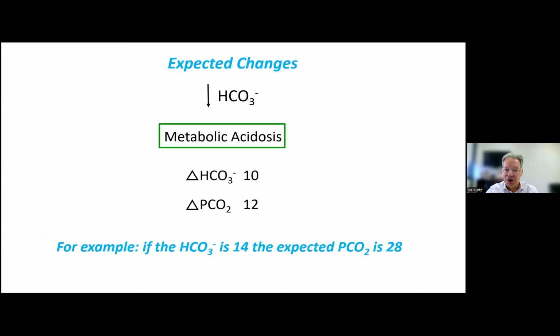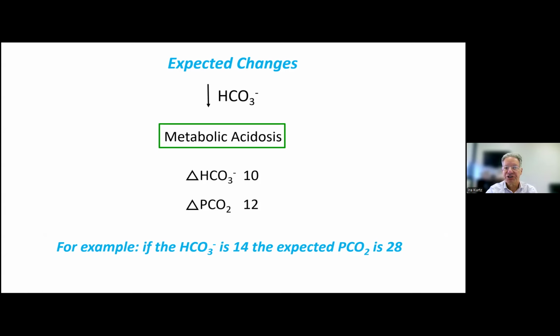So if you want to do things symmetrically, then you would have the same approach to all of them, where you just look at the delta for each of these parameters and know what it should be compared to what your patient has. So, for example, if the original bicarbonate was 24 and it fell by 10 to become 14, you'd expect that the PCO2, if it started at 40, would fall to 28. So if you see a patient with a bicarbonate of 14 and a PCO2 of 28, that's compatible with what's called a compensated metabolic acidosis.